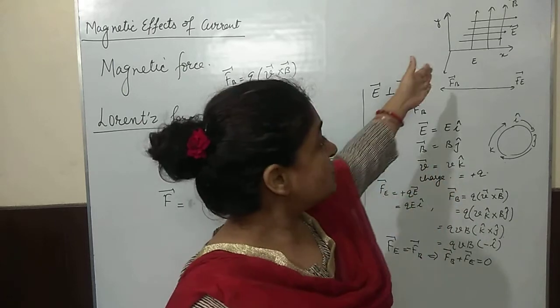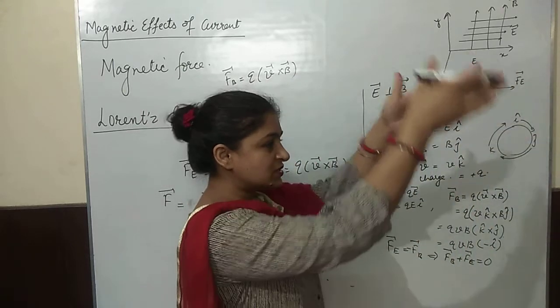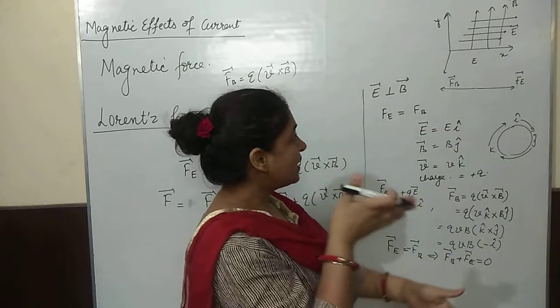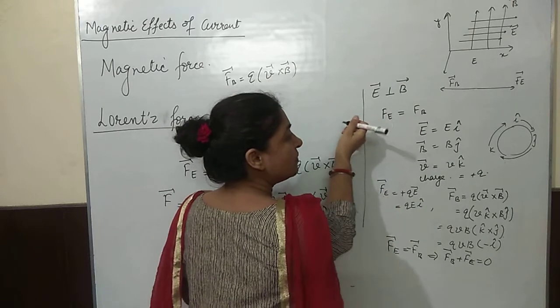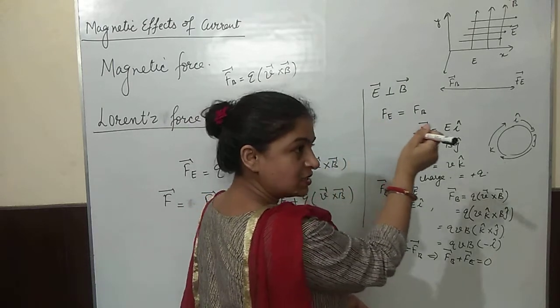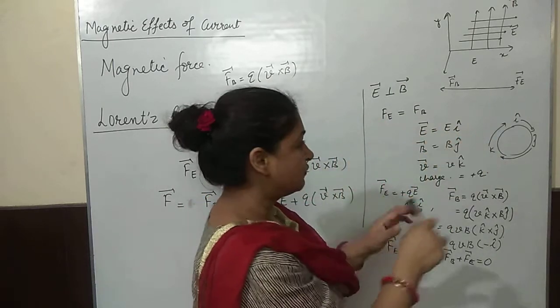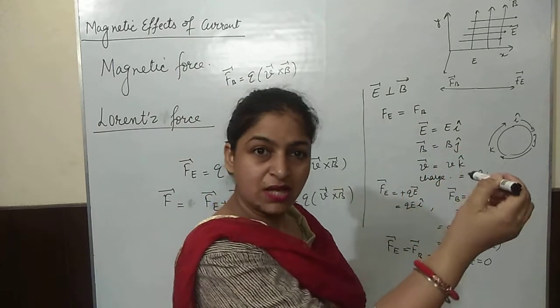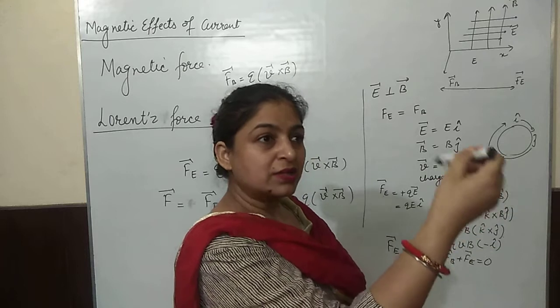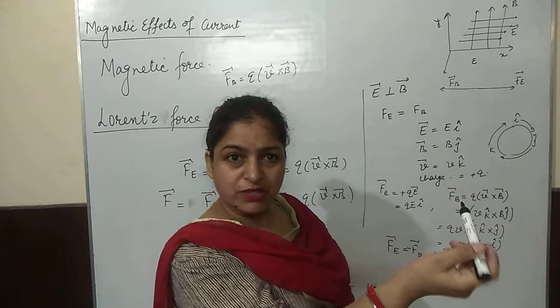And when you see the charged particle here, you can consider the same situation. Electric field is along x-axis, magnetic field is along y-axis, and a positive charge is entering the region having both of the fields. And when the charged particle is inside the crossed fields, the net force on the charged particle would be 0.